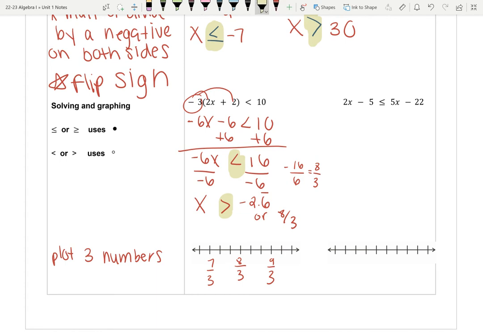Now, if you look over here, this is going to tell you how to graph it. So I have, let's see, this symbol right here. That means that I'm going to use an open circle on my graph. So on 8 over 3, I'm going to make an open circle. And then I'm going to shade it in the direction that it needs to go. So if it says x is greater than that number, I want to shade towards the bigger numbers. So I'm going to make a line that goes this way.